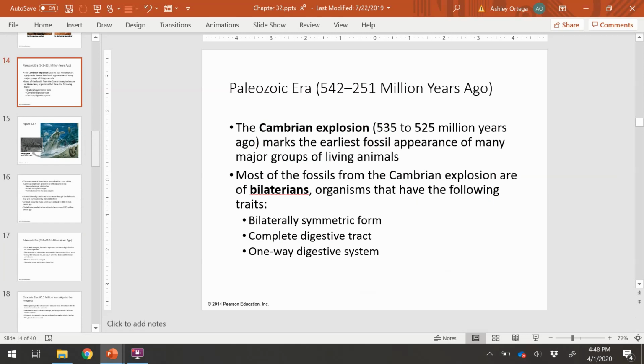Most of them have the bilaterian structure, which is a group of animals that have what we call a bilateral symmetric form. That's something we'll look at. They also have a complete digestive tract, from mouth to stomach, intestines, anus, and it's a one-way digestive system, so it does not enter through the mouth and leave through the mouth. It will go one way.